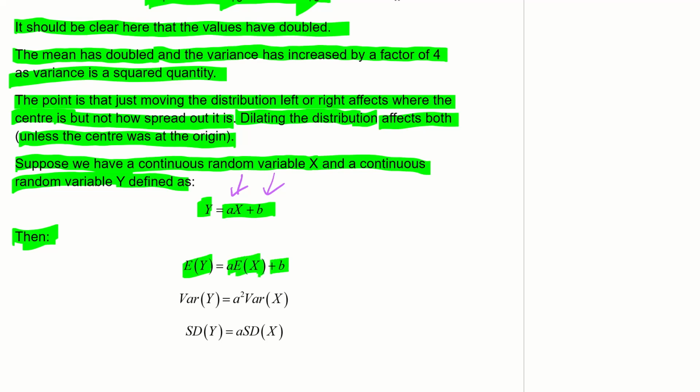So the expectation or mean is affected both by the multiplication and the addition. The variance of y is a squared times the variance of x. So it's only affected by the multiplication, and this is squared because variance is a squared quantity. The standard deviation of y is just a times the standard deviation of x.